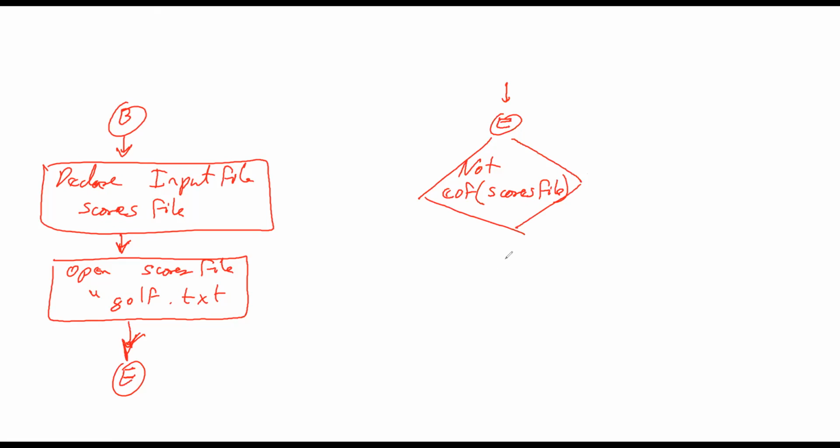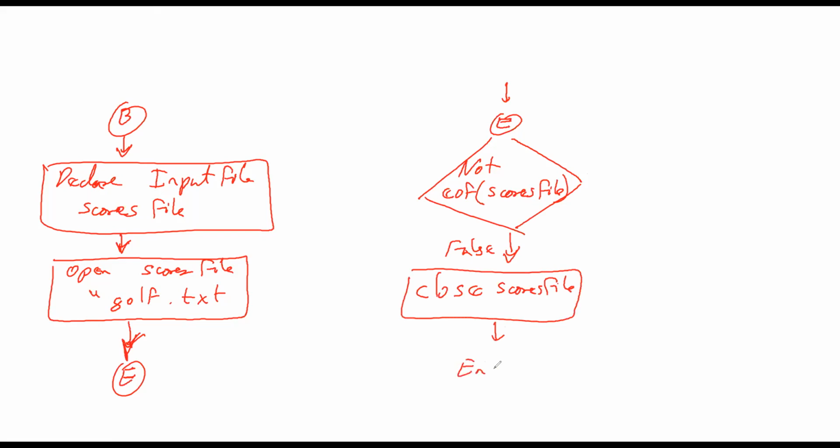Okay. And so if it's false, right? So if it's false, we basically were done. So we're just going to close scores file. And we end the program.